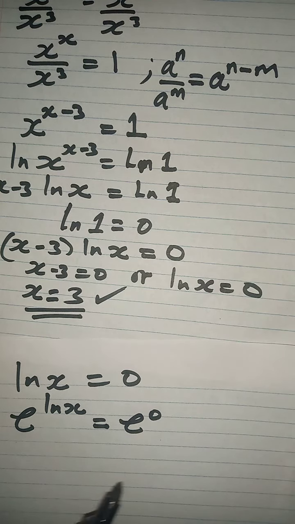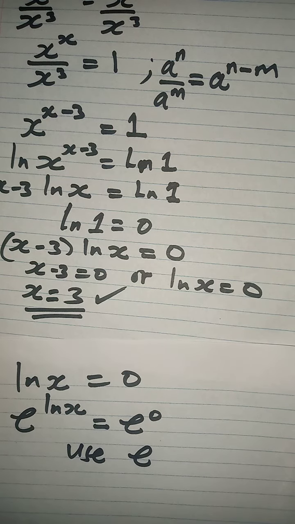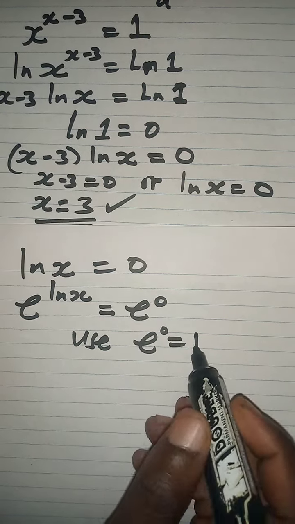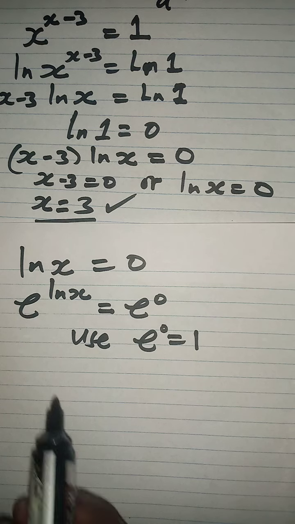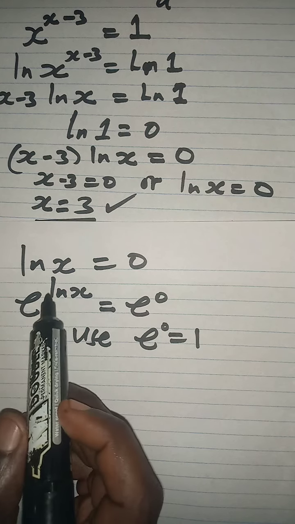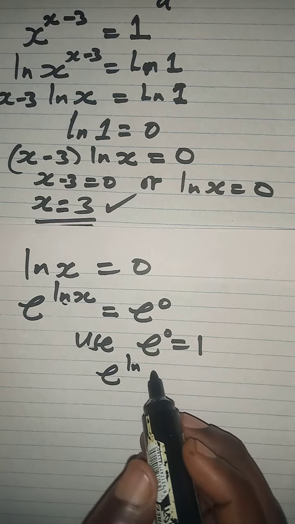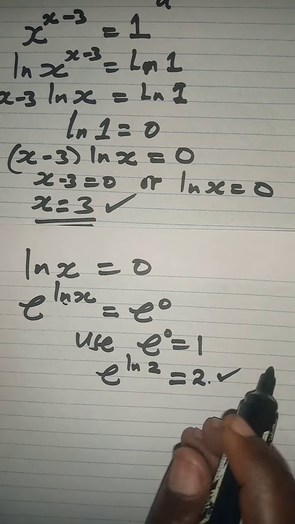The exponential of any power 0 gives us 1, and the exponential of a natural log of, say, 2 gives 2.